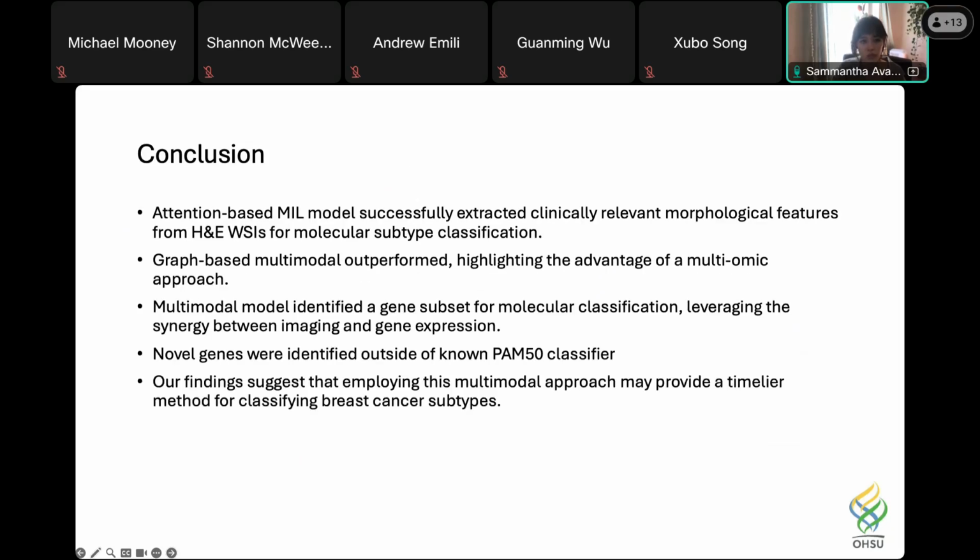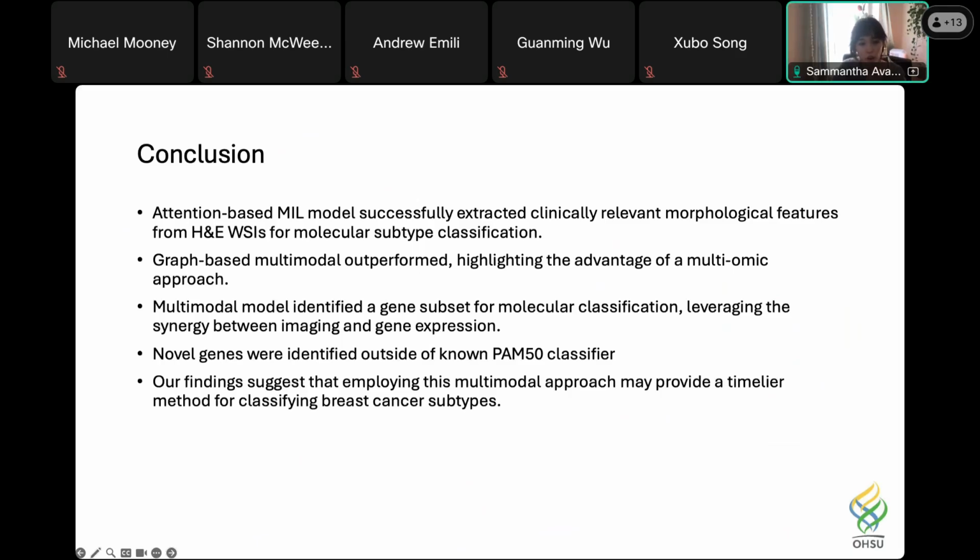And so to summarize my thesis project, again, current gene expression-based molecular subtyping methods, specifically PAM50, face limitations in the clinical setting, especially due to delays in treatment initiation.